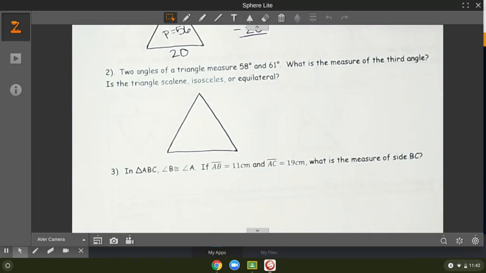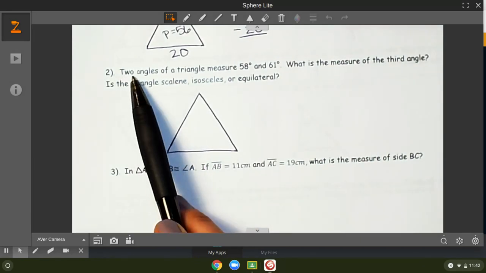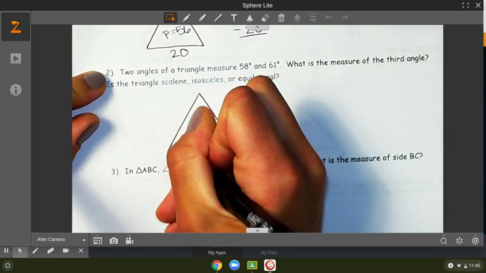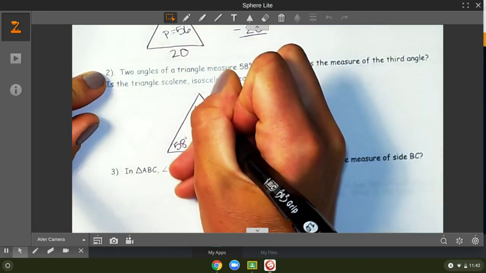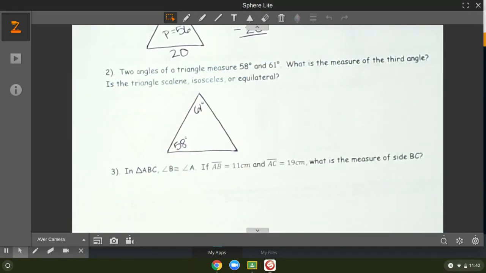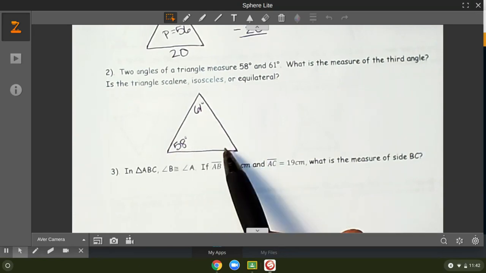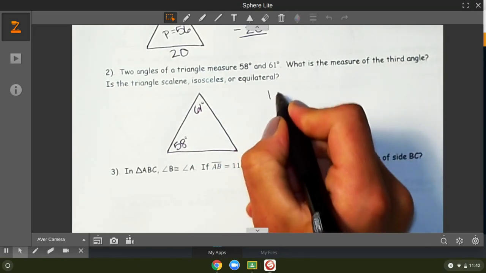So now let's start filling in what the word problem says. Two angles are 58 and 61. 58 degrees, 61 degrees. We want to find the measure of the third angle. Now, since we're talking about angles, we know the angles of a triangle add up to 180.